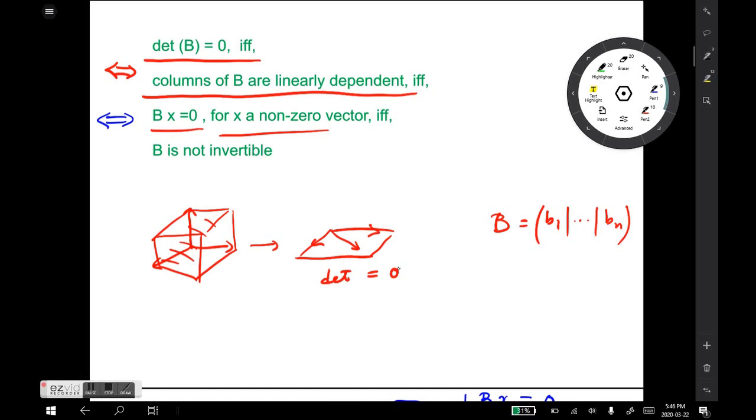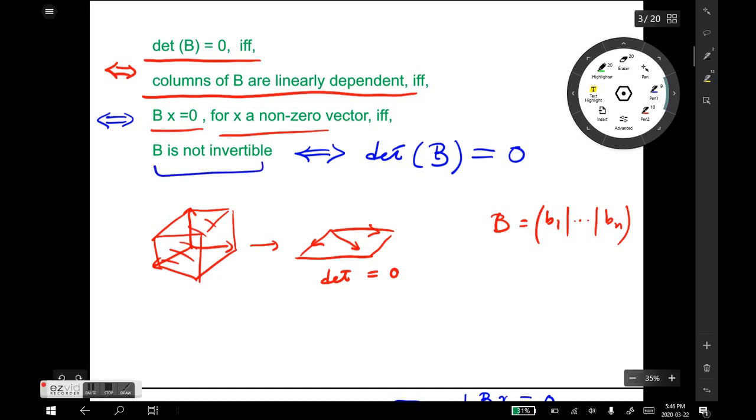And so Bx equal to 0 for non-zero x if and only if B is not invertible. You have also seen in linear algebra part 1 that then the determinant is equal to 0. It's a good time to go over your notes and look at how this was proved for you.